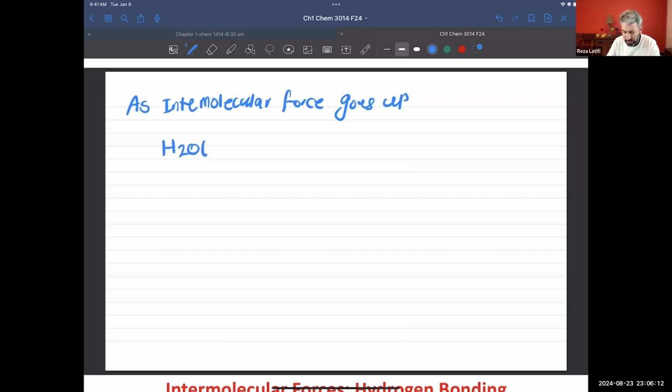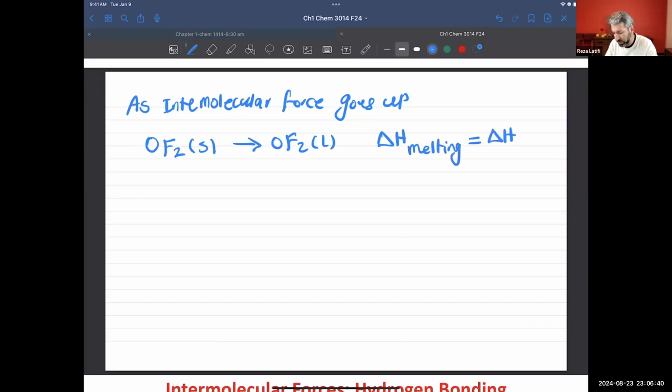Say we have, for example, OF2. This is solid and we want to turn it to liquid. Delta H of melting, which is equal to delta H of fusion, will go up.